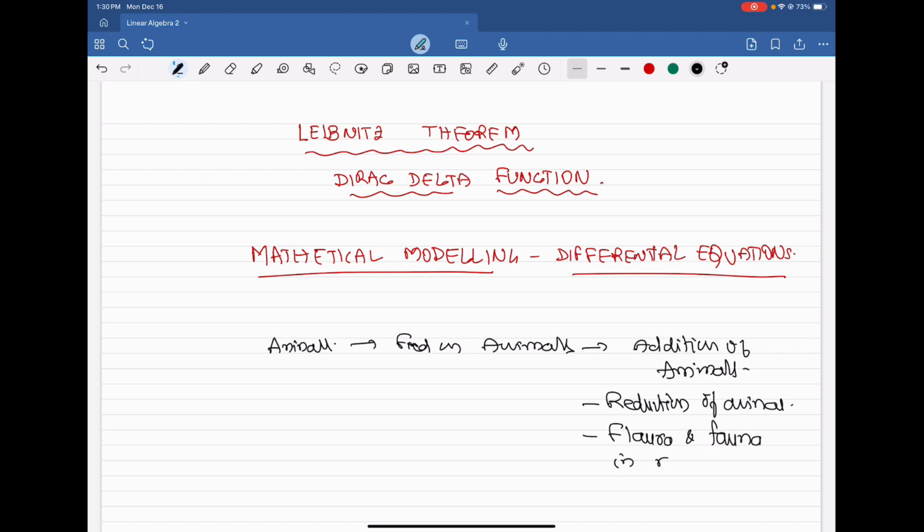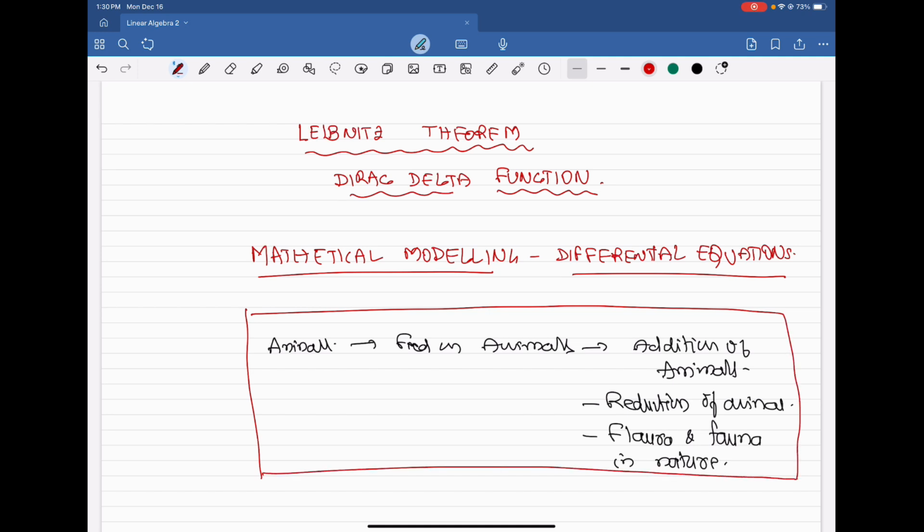In nature, these are all models. Prey-predator model. From this, we can find out over a century or a million years from now what will be the status of the flora and fauna, what will be the status of the different species on earth. These expectations can be found out with the help of differential equations.